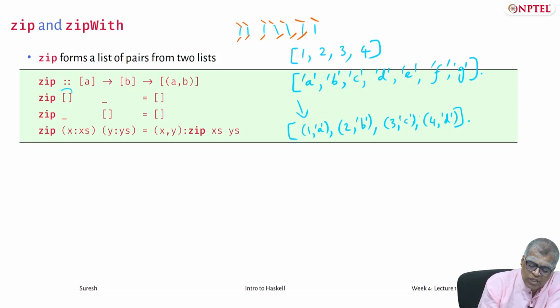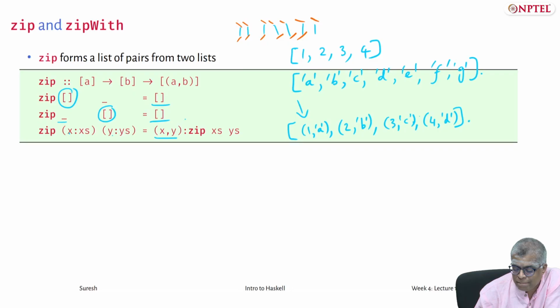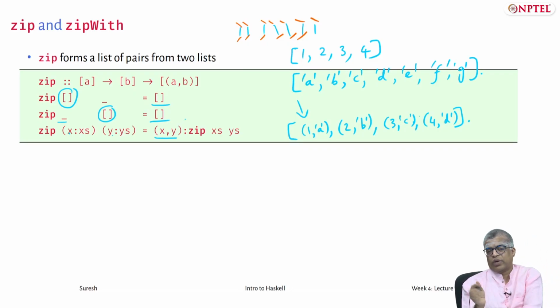So if the first list is empty, then no matter what the second list is, you produce the empty list. If the second list is empty, no matter what the first list is, you produce the empty list. Otherwise, you pair up x and y and then you zip xs ys. Okay, that's it. It's a nice function.